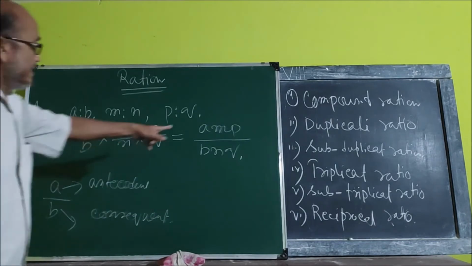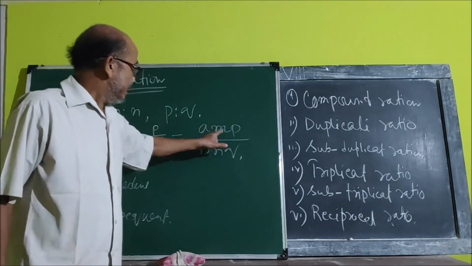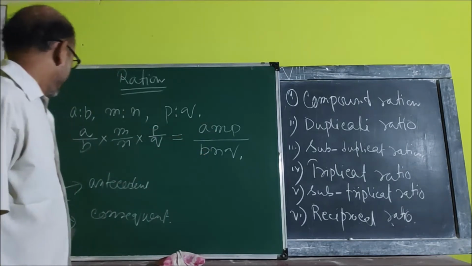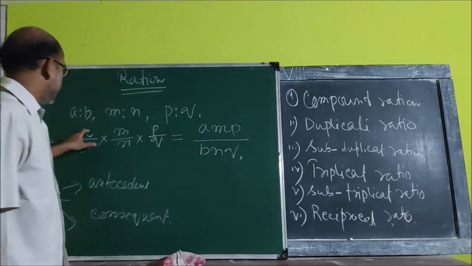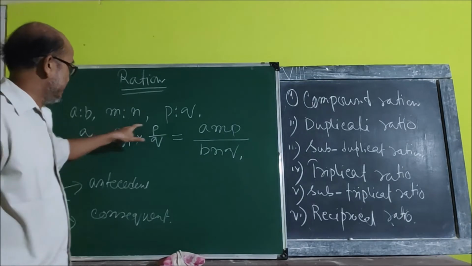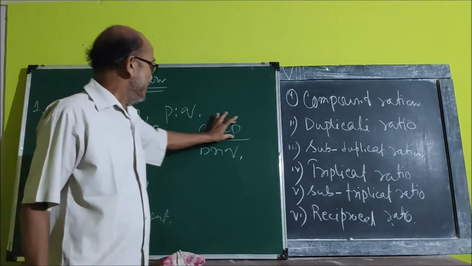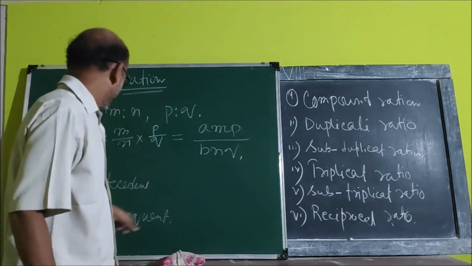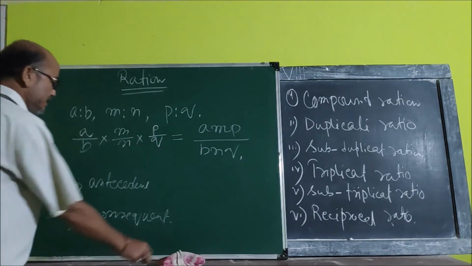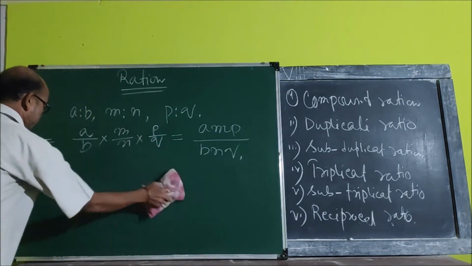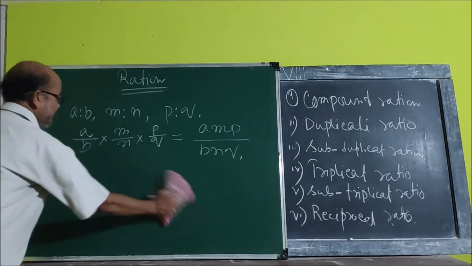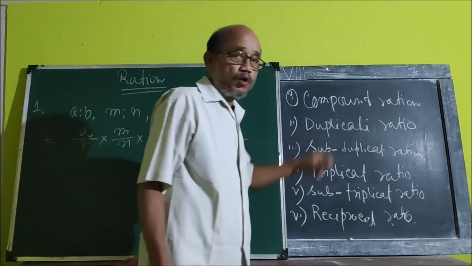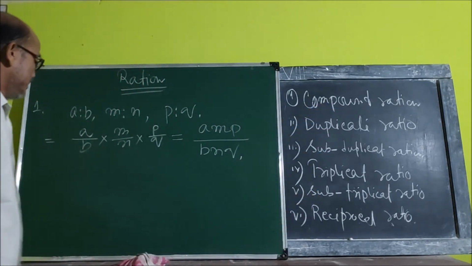So we can say product of the antecedents, where this one is an antecedent, this one is an antecedent, this one is an antecedent, divided by the product of the consequents. That is the expression of the three ratios as a compound ratio.